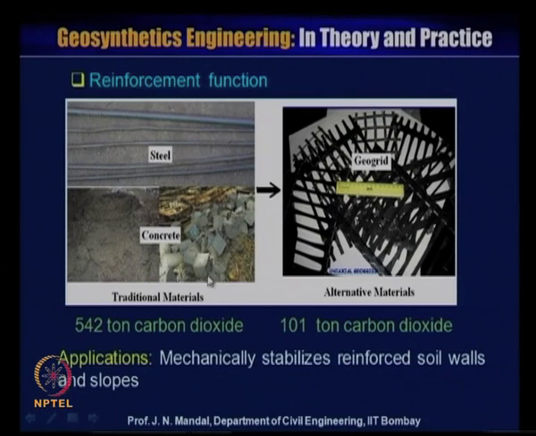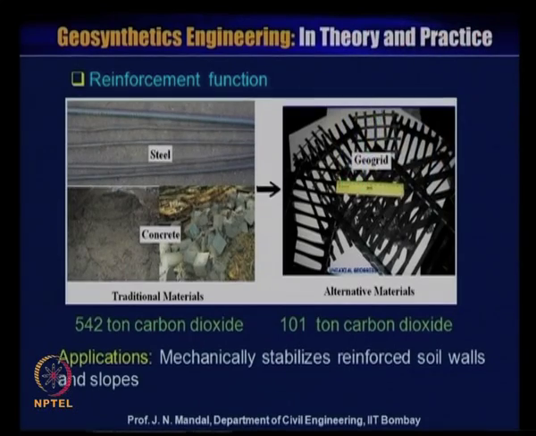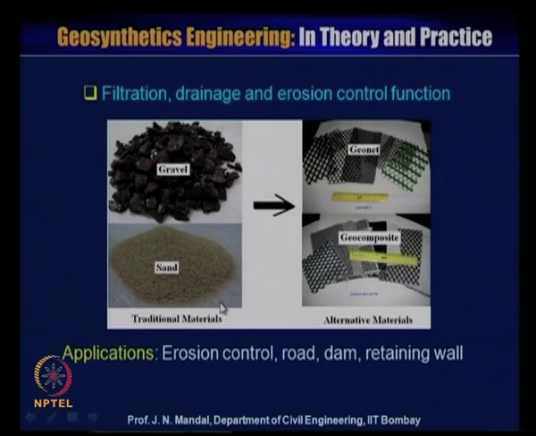Most of the time we use this in our mechanically stabilized reinforced soil walls and slopes. So, if you adopt the conventional method, the quantity of carbon dioxide will be 542 tons. On the other hand, if you adopt an alternative material like geogrid, your carbon dioxide is 101 tons. So, you can save.